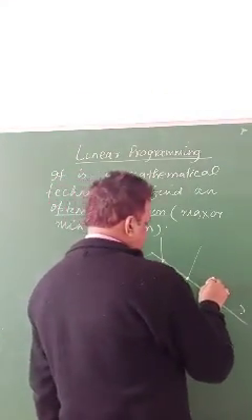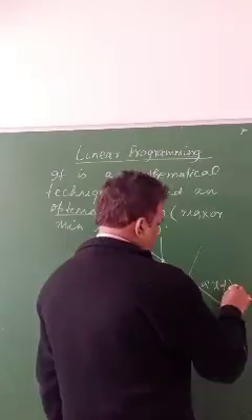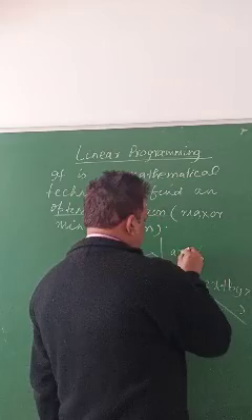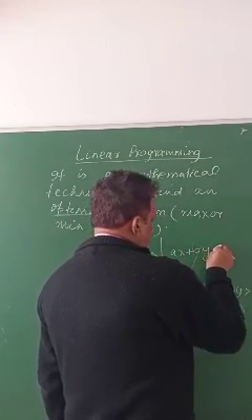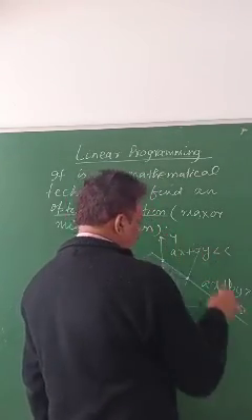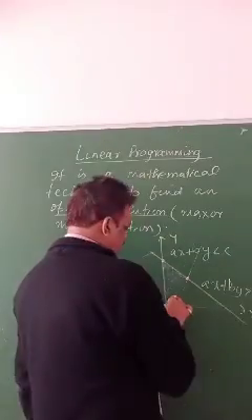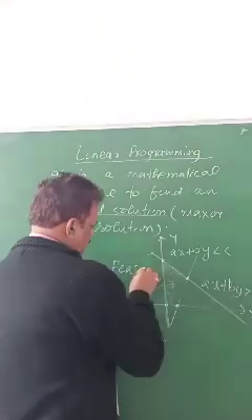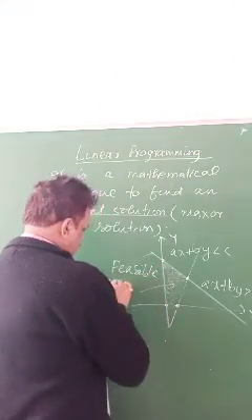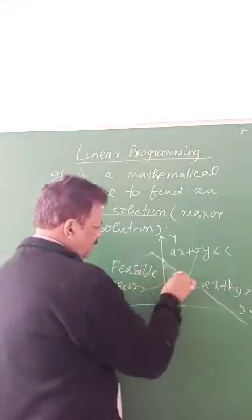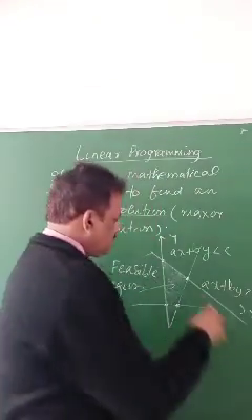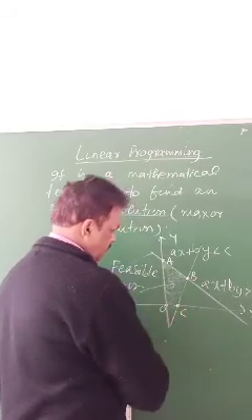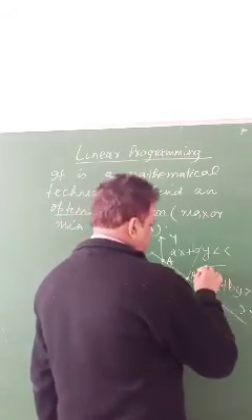If I say ax plus by is greater than c, or ax plus by less than c, with the y-axis and x-axis, this is your feasible region. This we call the corner points.